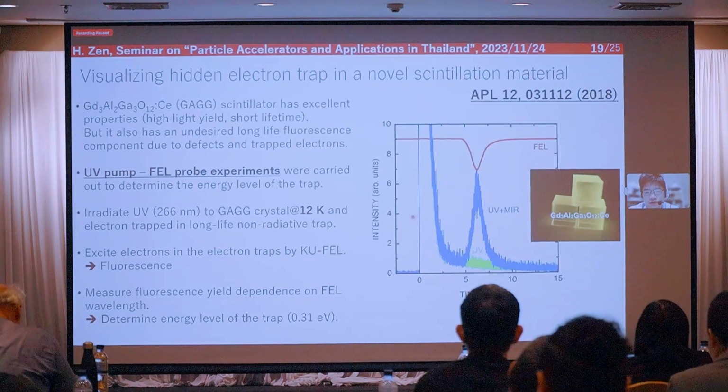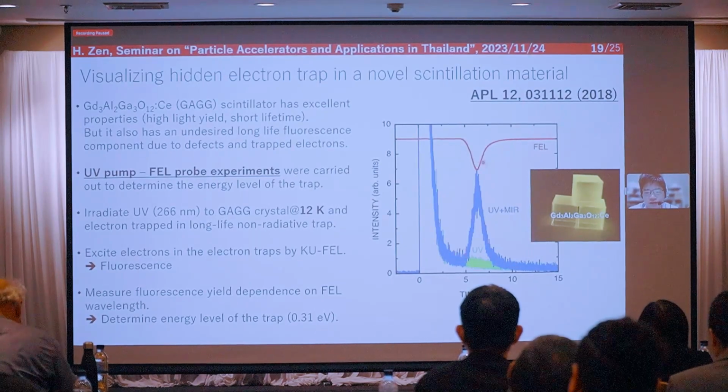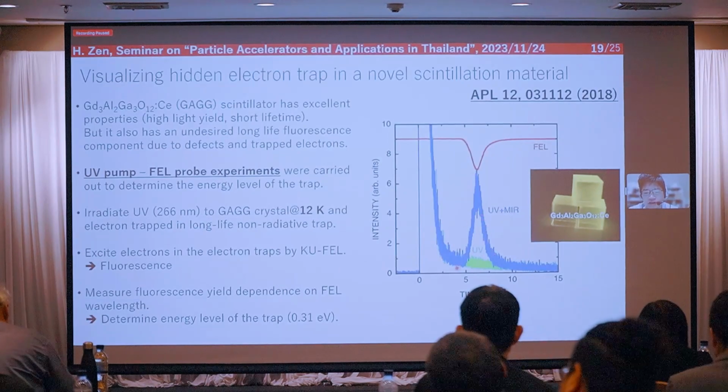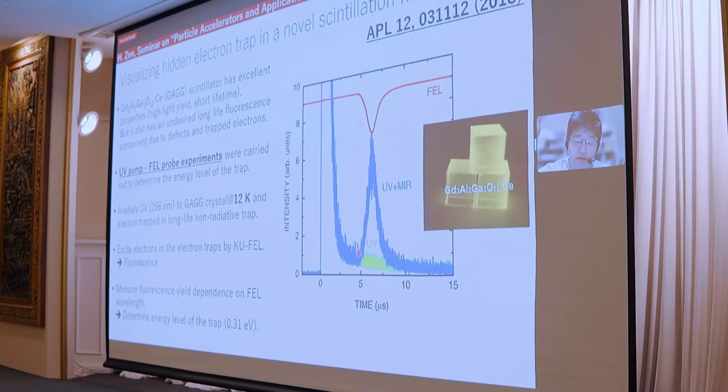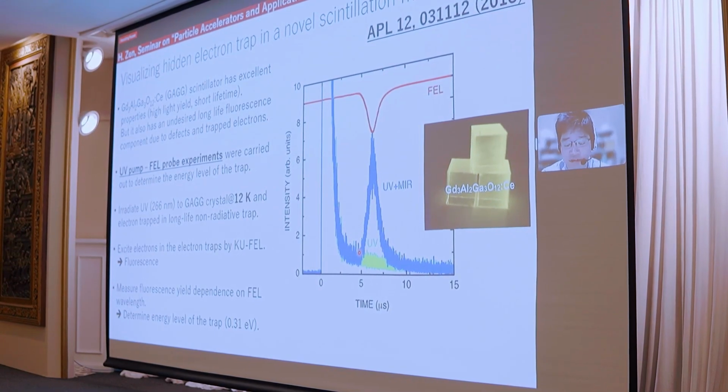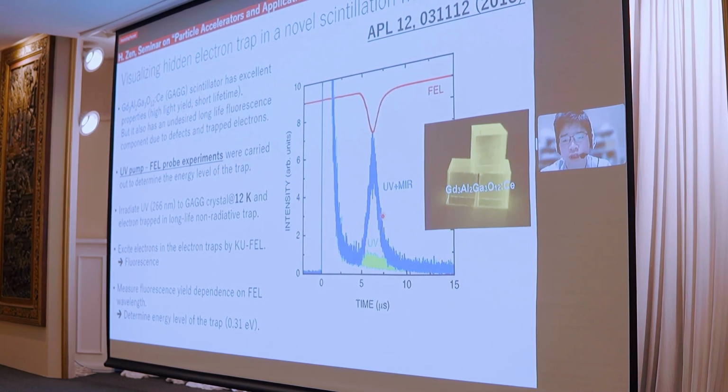The fluorescence is observed like this, the green line, and when we shoot FL, an additional peak appears due to the electron release from the trap to the conduction band, and the electron, once excited to the conduction band, can make fluorescence. So this is FL-induced electron release and fluorescence from the GAGG sample.